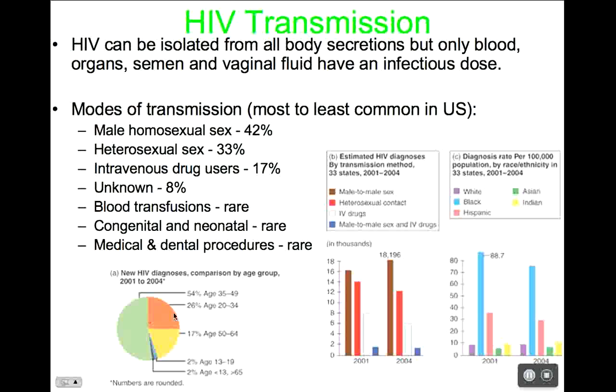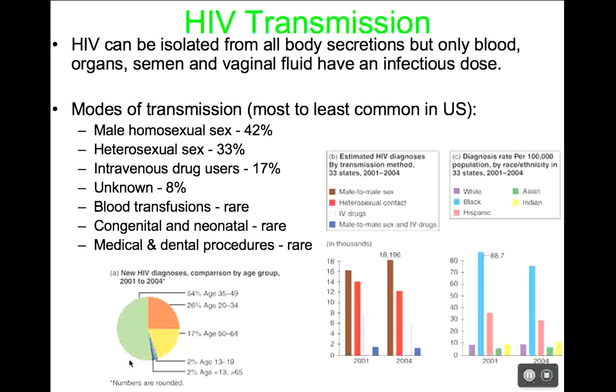In red, between 20 to 34, in yellow, 50 to 64, and then younger ages and older ages are very rare. That said, we're starting to see diagnosis occurring at a higher rate in seniors and young people. Older and younger people, the numbers are growing. So that's an interesting new development that the CDC is keeping an eye on.